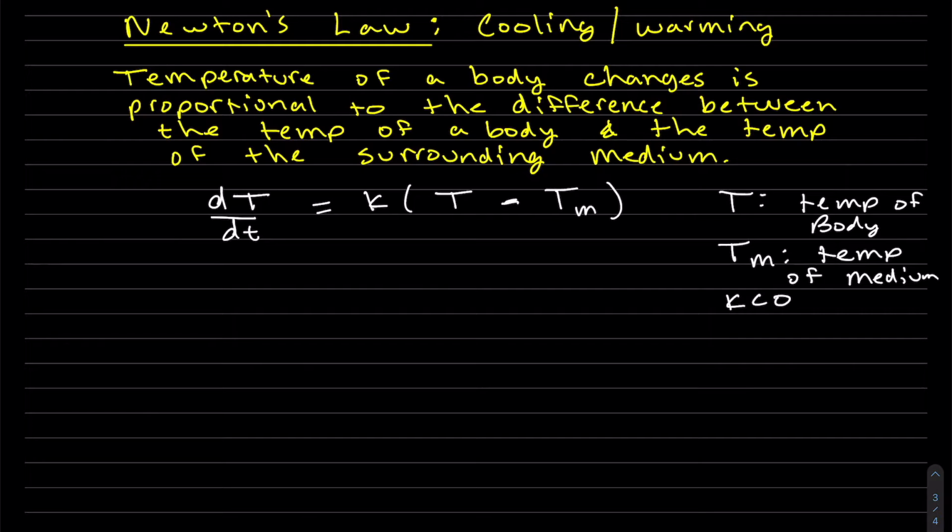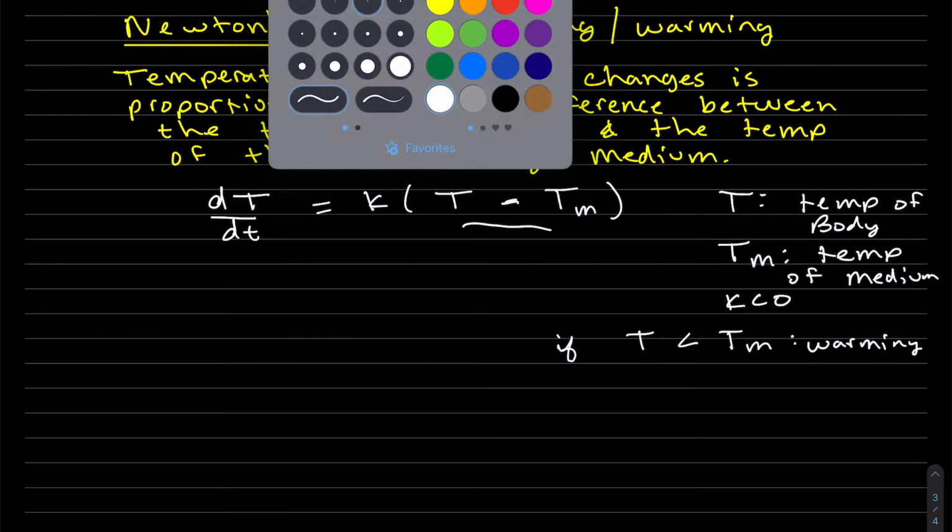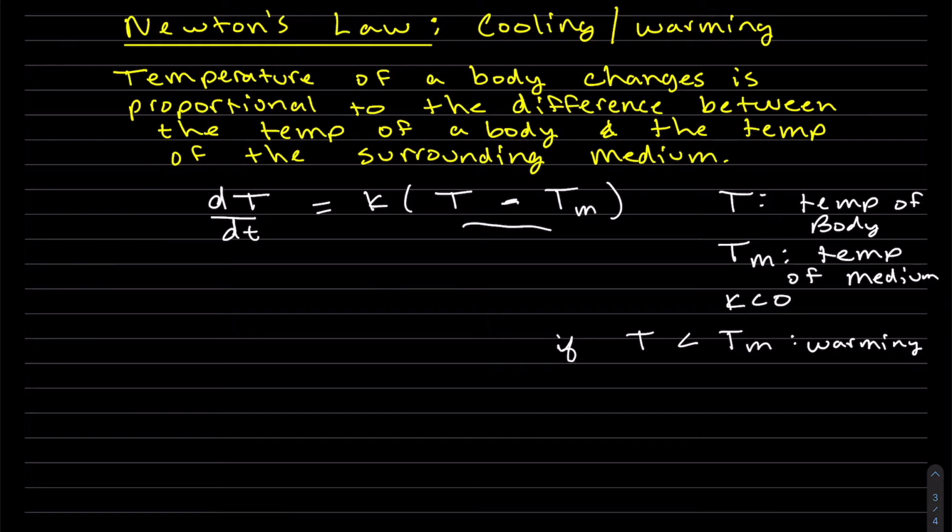And basically, looking at this difference here, if the temperature of the body is less than the medium, then the body will be warming. That's a warming of the body. If it's the other way around, it's the cooling. If the temperature is greater than the medium, then it's going to be coming down. It's the cooling of the body.